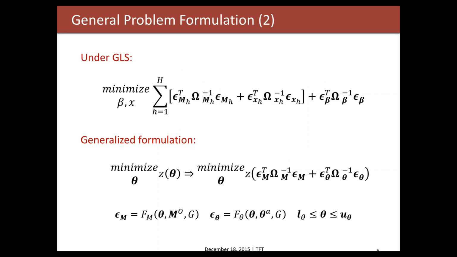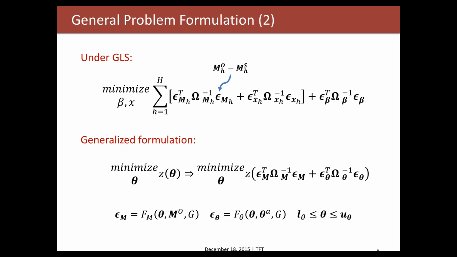So, under the generalized least squares assumption, this problem is typically specified by summing over all the time windows. H here is each time window, or each definition of time period. So if we have a dynamic origin-destination matrix in the X input variables that we want to calibrate, H will be the number of times that we divide the OD matrix.